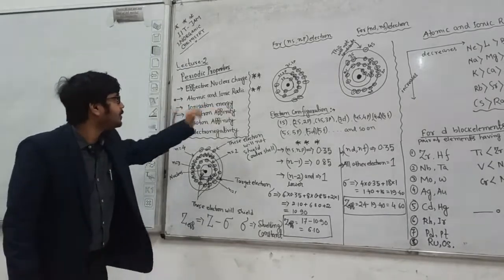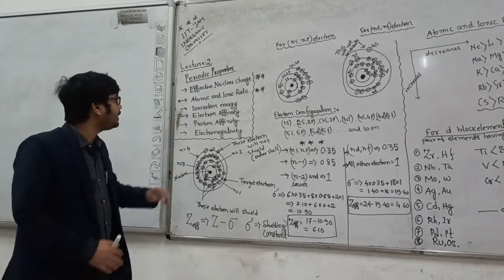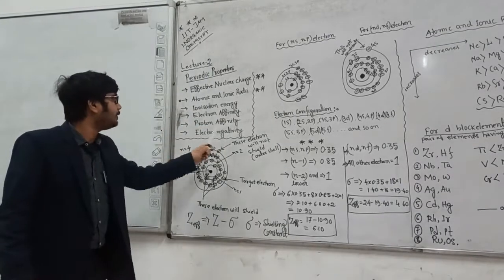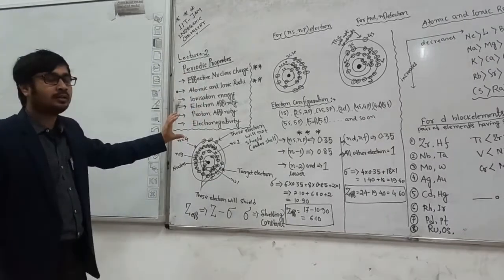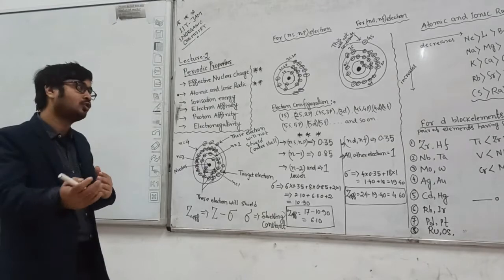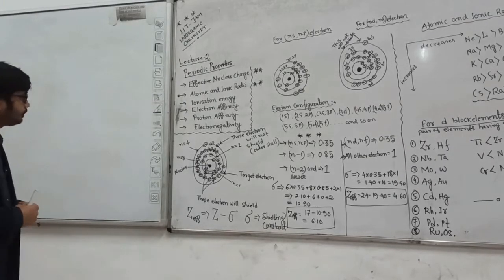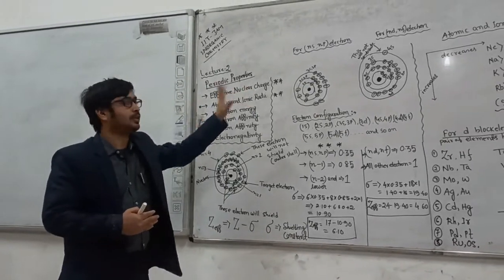Then ionization energy, electron affinity, proton affinity, and electronegativity. If you read these few topics, it's more than enough for your IIT JAM and also for CSIR NET. So now I am going to start with effective nuclear charge.